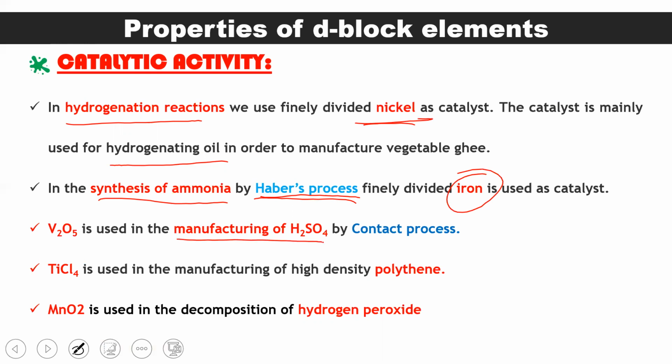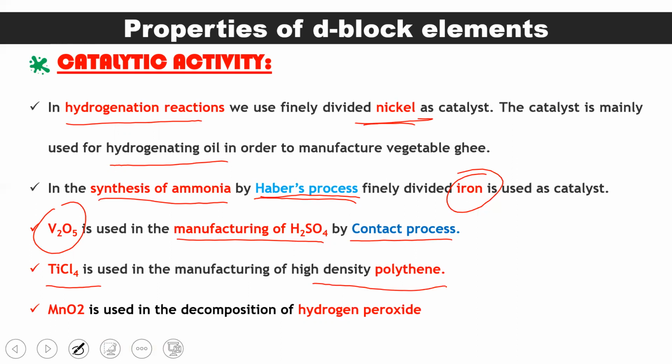In the manufacture of sulfuric acid, the process is known as the contact process. So here what is the catalyst? Vanadium pentoxide is used as a catalyst in the manufacture of sulfuric acid. And titanium tetrachloride is used in the manufacture of high density polyethylene, that is, polymerization of ethylene.